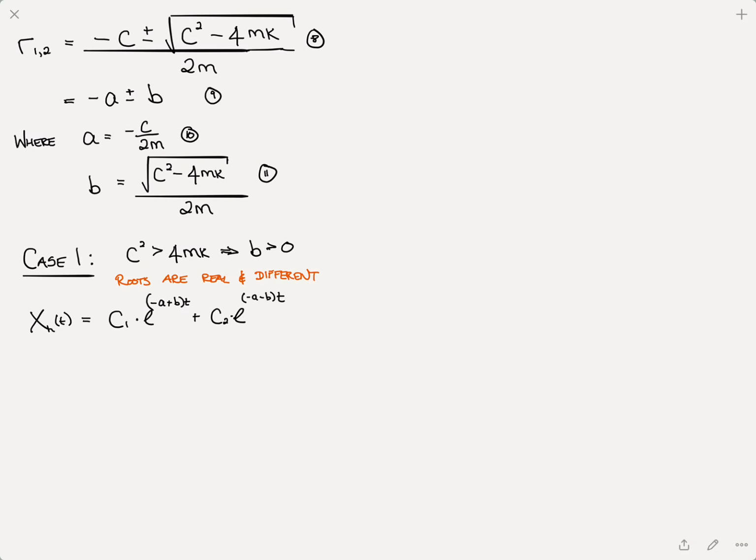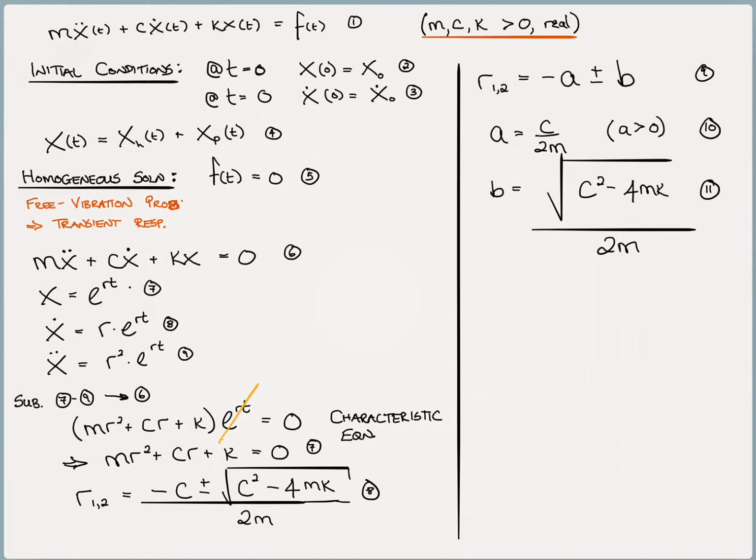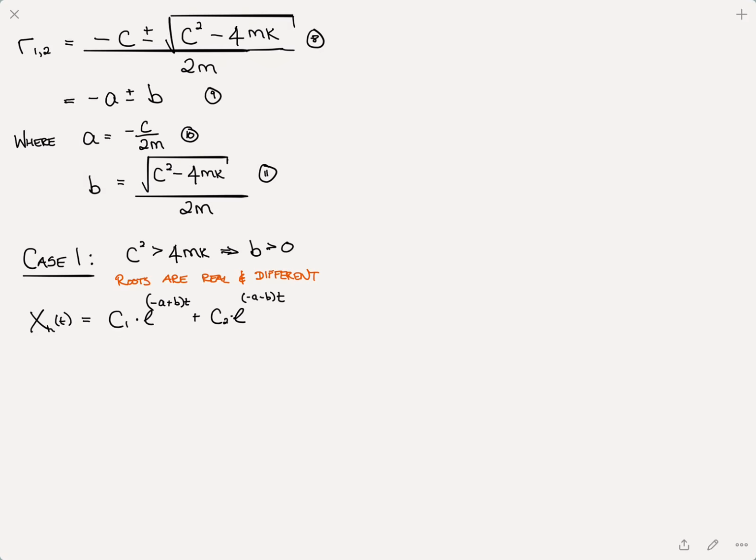And where did that come from? You remember on the previous page, equation 7 is that x is equal to e to the r1 t and x equal to e to the r2 t. Each one is a combination of both.